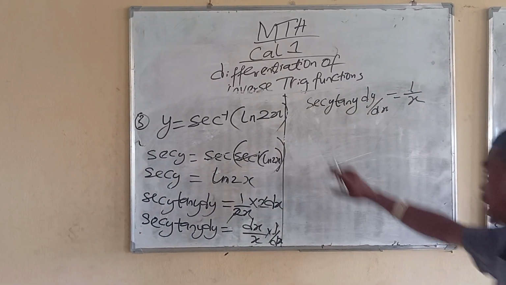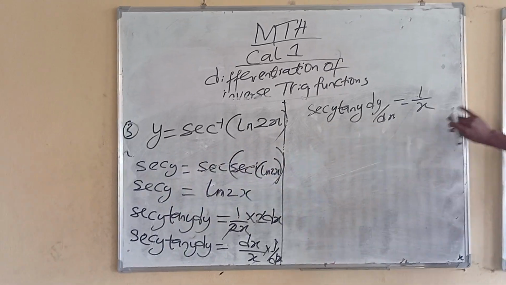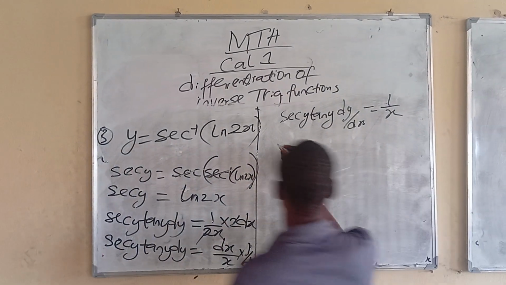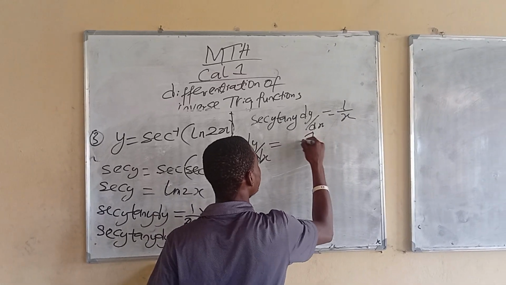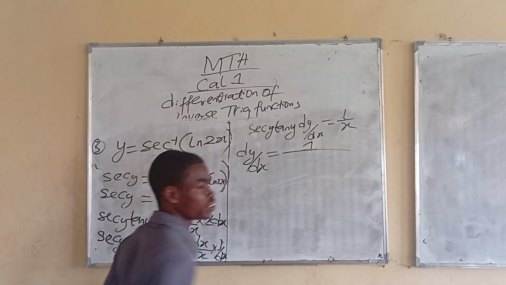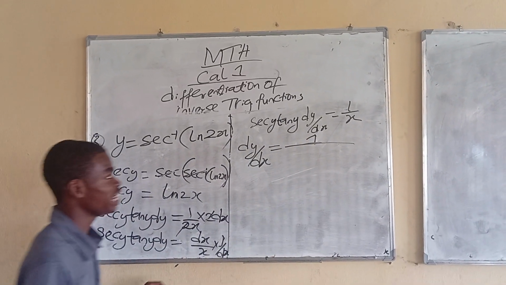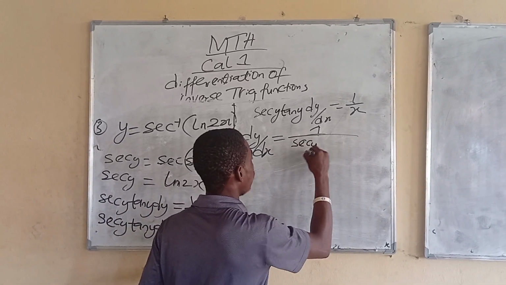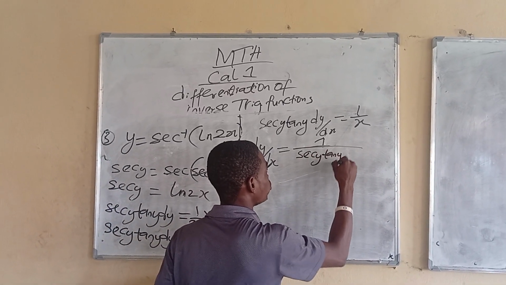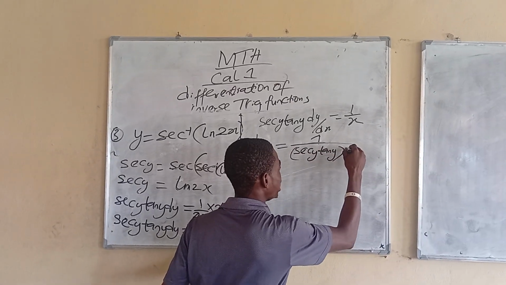So now, getting rid of sec y tan y to this other side, we are going to get dy over dx equals to 1 divided by sec y tan y times x.